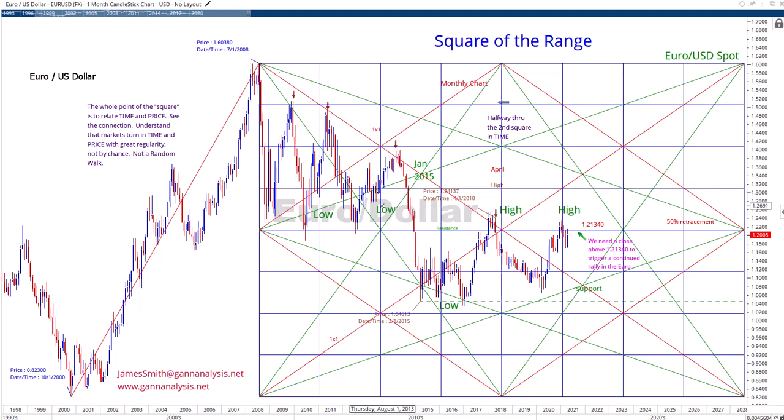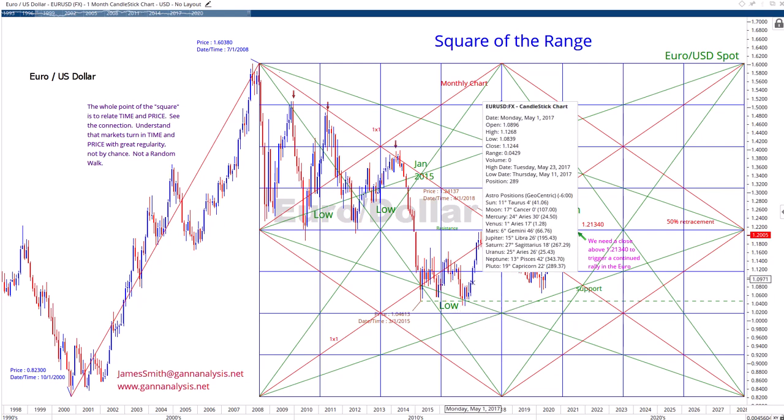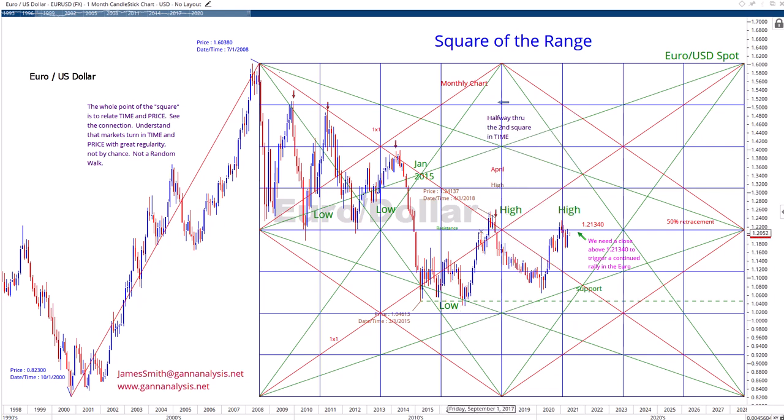You have a low, and then you have a low here, 3/8 of the distance through the square in time. You rally back just slightly above the 50% mark, but also pretty much catching the 1 by 1 down from high. That's kind of nice, both time and price. Very nice. You sell off, boom.